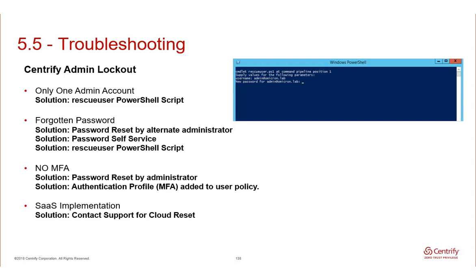If the password's been forgotten, you can use the password reset by an alternate administrator, password self-service, or once again the Rescue User PowerShell script. If MFA challenges have not been met, the password will have to be reset by an alternate administrator. And then authentication profile must be added to the user's policy, and password challenges must be met by the user.